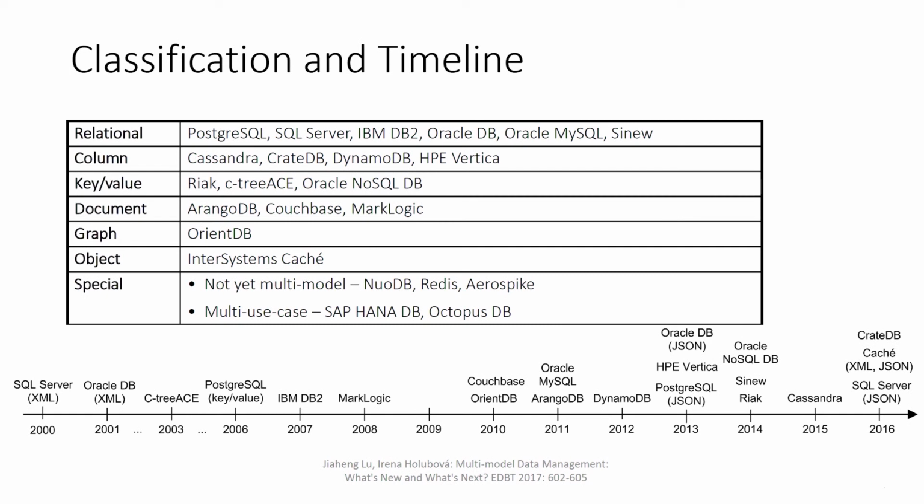Now, the position of InterSystems in this space is pretty good. We have a heritage as a premier object-oriented database.